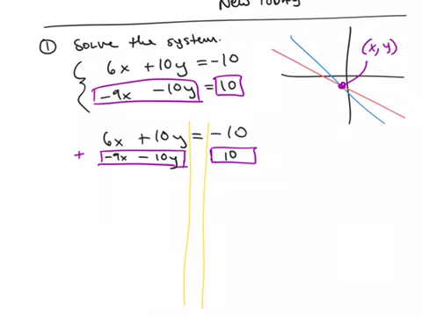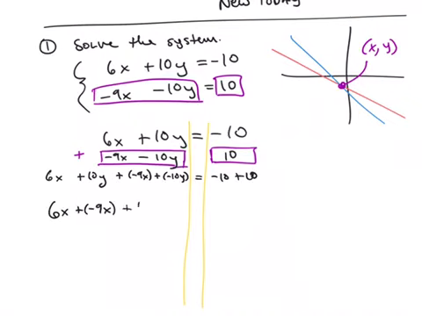I take everything in the top, 6x plus 10y, and add everything in the bottom, plus negative 9x plus negative 10y equals negative 10 plus 10. Okay? Rearranging to move towards simplifying, I get 6x plus negative 9x plus 10y plus negative 10y is equal to 0. Combining like terms to simplify and see a little more clearly, 6x plus negative 9x is negative 3x.